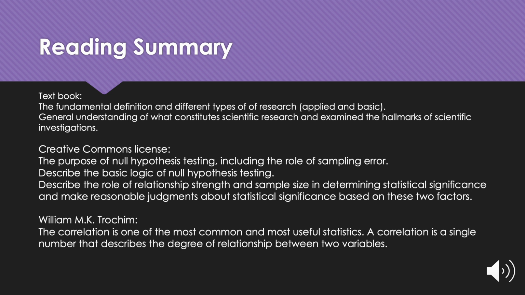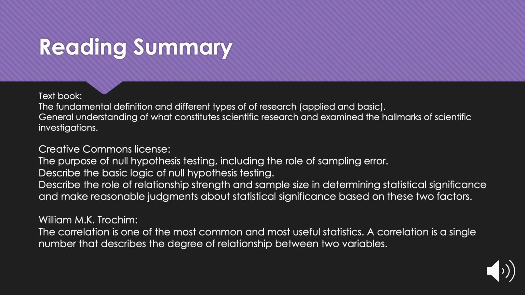In the textbooks, we have learned the fundamental definition and different types of research: applied research and basic research. We have gained general understanding of what constitutes scientific research and examine the hallmarks of scientific investigation.